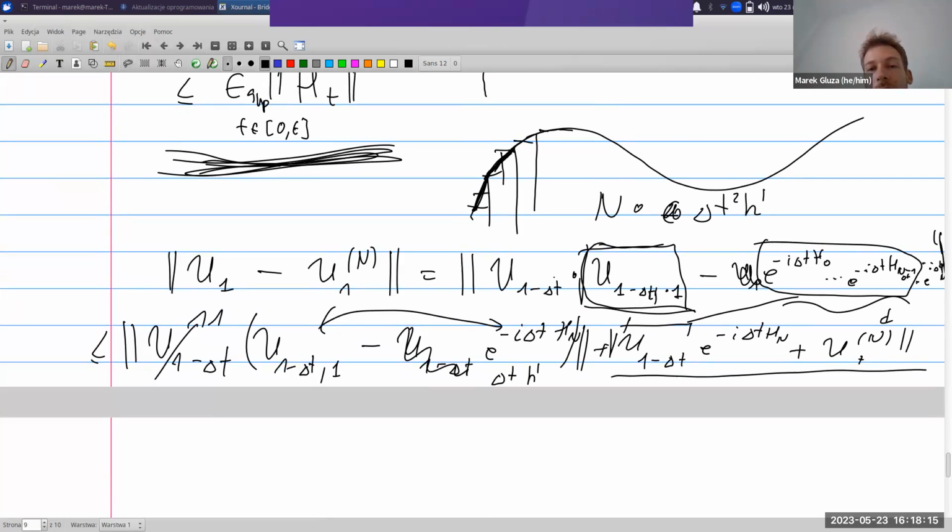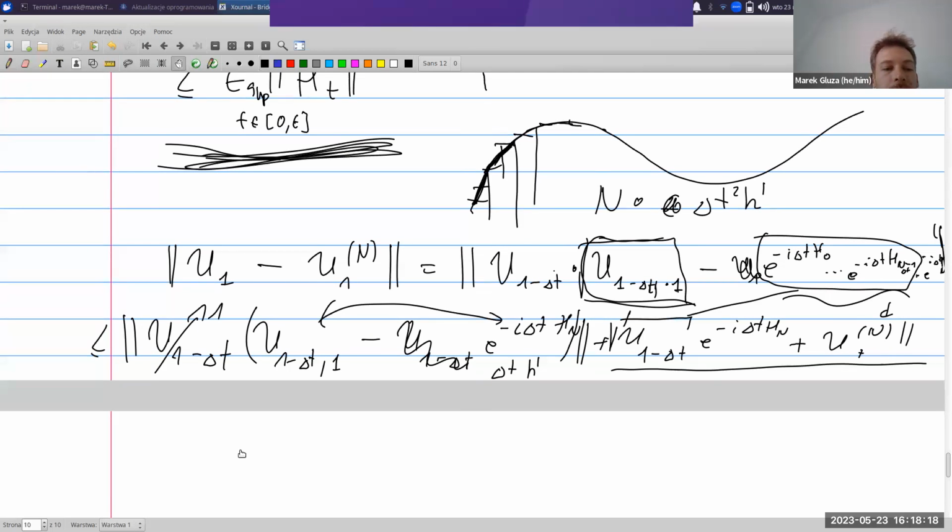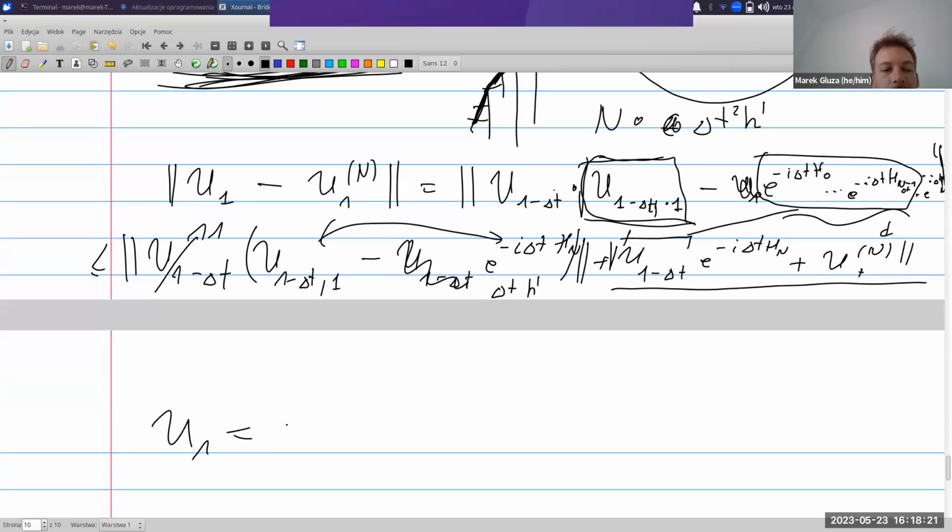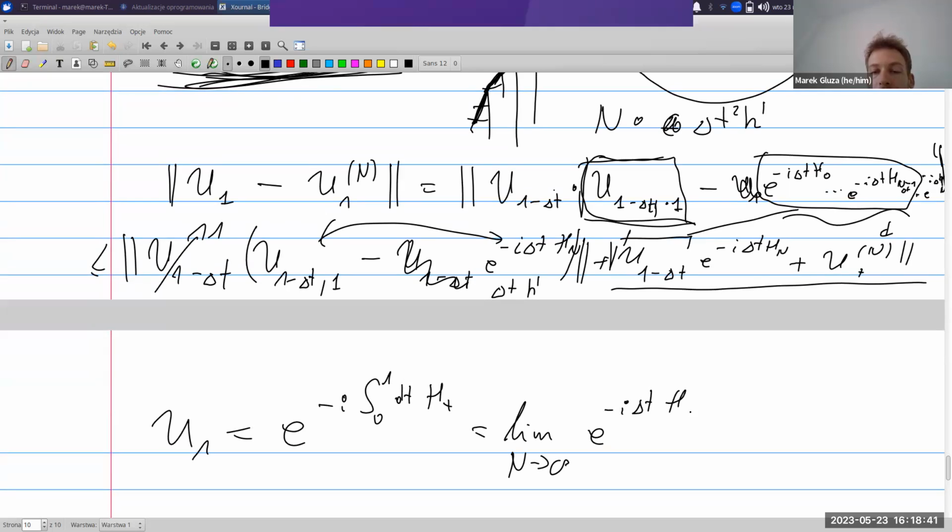And then in each small interval, my evolution, which we could designate as u1, is this time-ordered notation dt h of t, which we want to prove is the limit of n going to infinity of e to minus i delta t h n until e to minus i delta t h0. We are trying to prove this because this becomes our un evolving until 1.